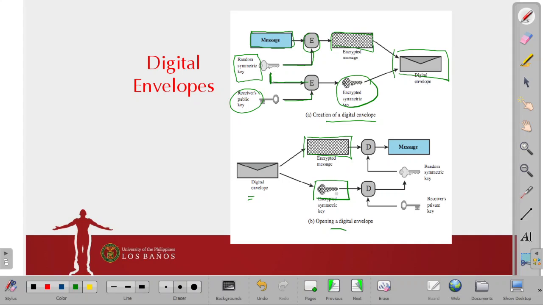So you decrypt the encrypted symmetric key with the private key, so you get the key, and then you use that key to decrypt the message. So in a way, there's a two-level encryption that happens here. You use the public key algorithm to encrypt the symmetric key, right? So that's the idea.